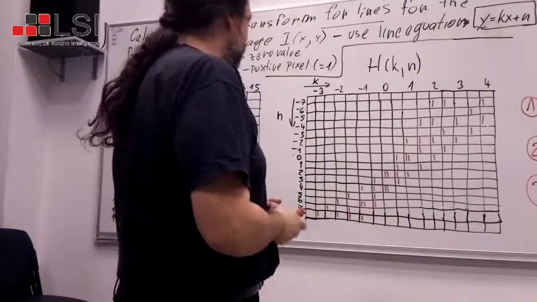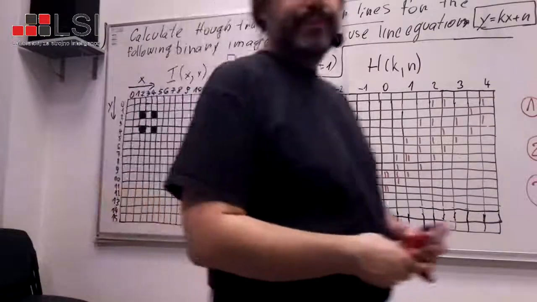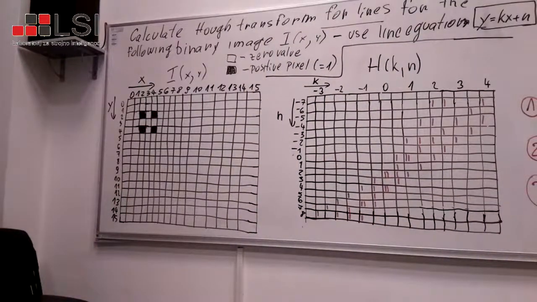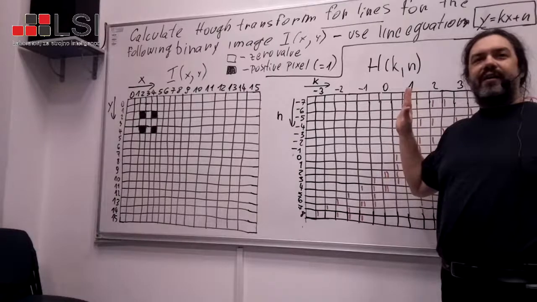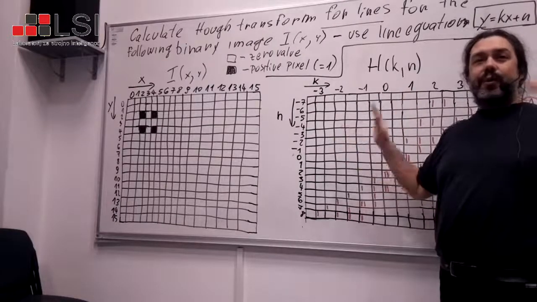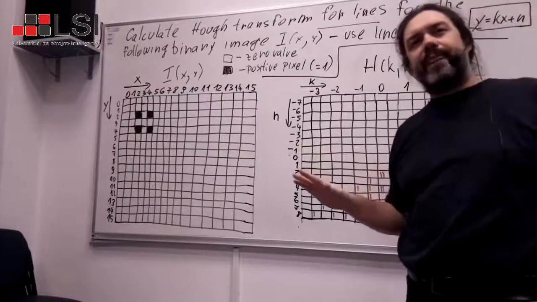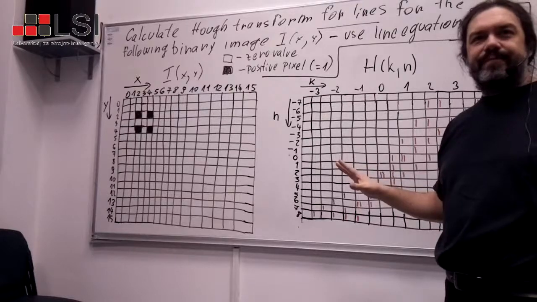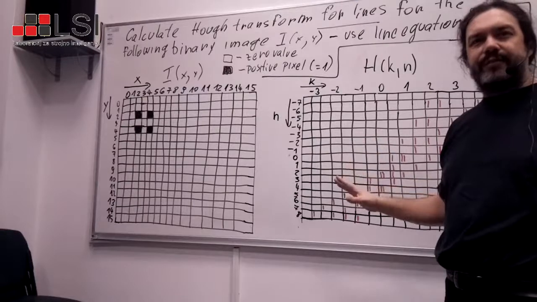Now what we could do, in this Hough accumulator, the question could be, write the equations of the lines that we found. Or let's say, let's write the most probable lines that we found using this Hough transform.